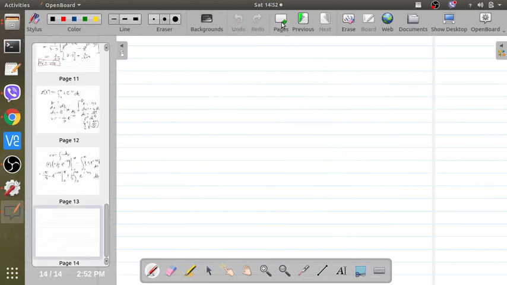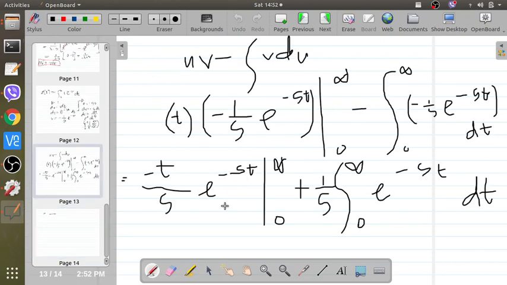So, next is isolve ang limit from 0 to infinity aning equation.